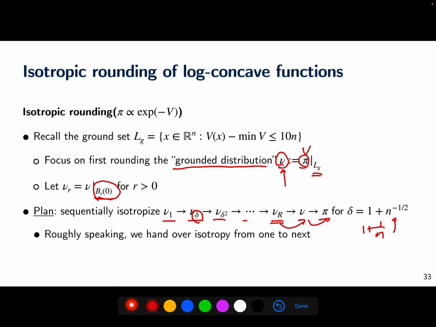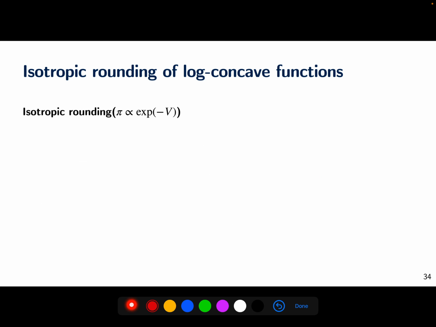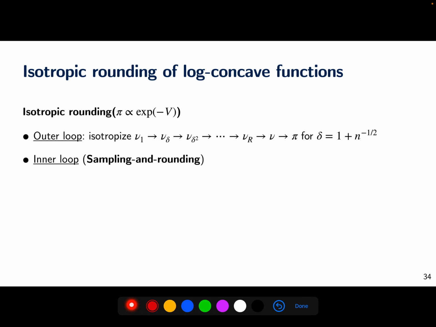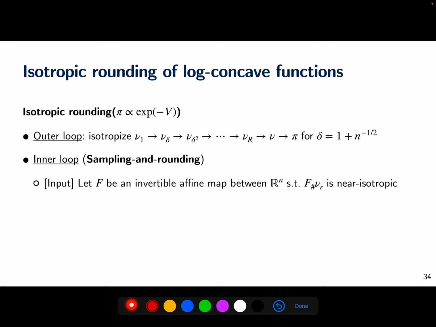So roughly speaking, we just hand over isotropy from one distribution to the next distribution in this sequence. Yeah, so we already took a look at the outer loop of this approach. Now let's move on to the inner loop, which is about, I'll call it, sampling and rounding.